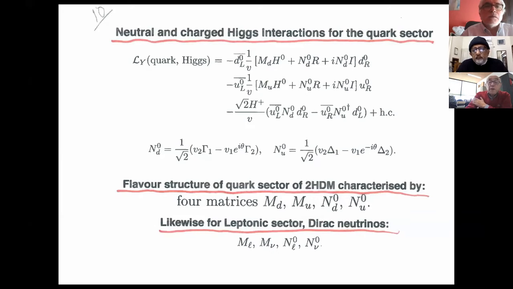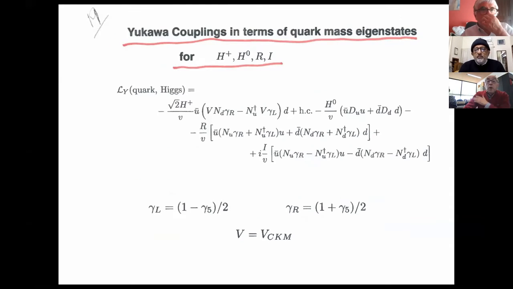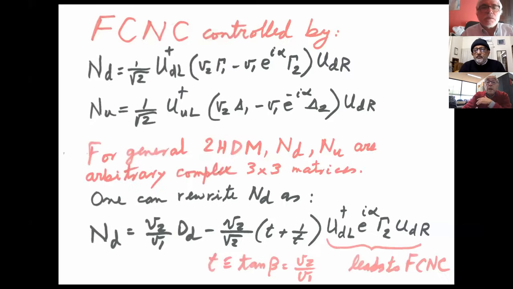I will show you that at first sight, this should be impossible. These are exactly the couplings that involve these new matrices ND and NU. Now you can see, just looking at these two formulas, that this is not only not true in general, but it should be very difficult to make things in such a way that ND and NU only depend on VCKM.